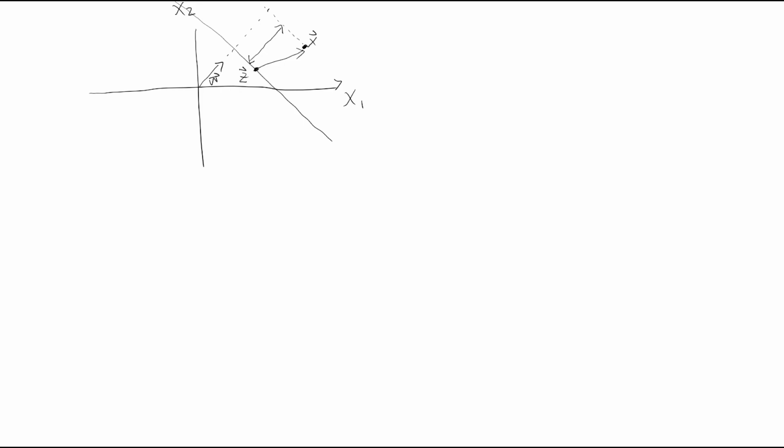So in general, when you have a vector pointing in some direction and you would like to know the length of this vector in some other direction, that would be this length over here.